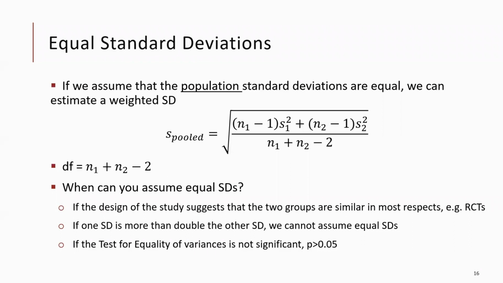And we look at the assumptions that we've listed on your screen here, where we talked about when we assume equal standard deviation, right? We're talking about the design of the study suggesting that the groups are similar, as being one scenario where we do it. And the scenario where we do not make that assumption is where one standard deviation is more than double the other.